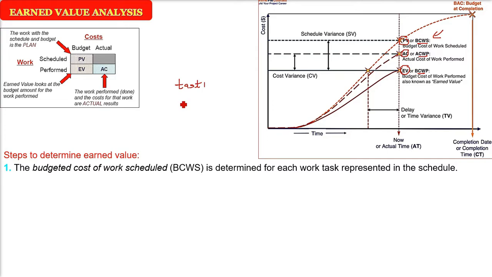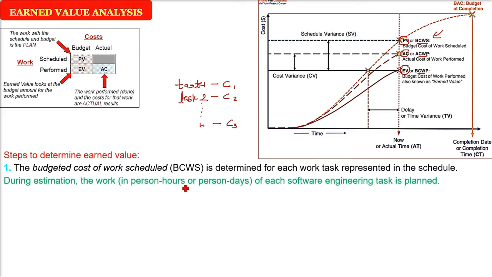So if you have task 1, task 2, like this task N, the different tasks in the schedule, okay, with different timelines, that is, what will happen and when. So now this budgeted cost of work scheduled is, you are talking about work in person hours or person days for each software engineering task, that is task 1, task 2 till task N. So you will try to find out all these costs, and that is the effort.